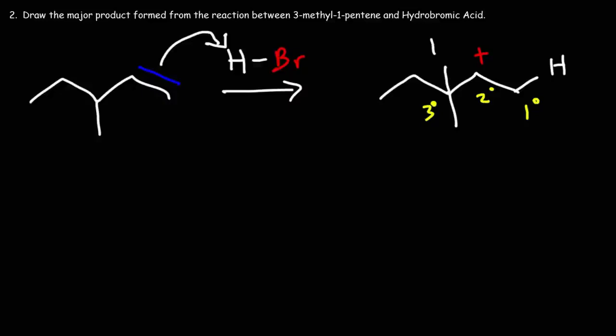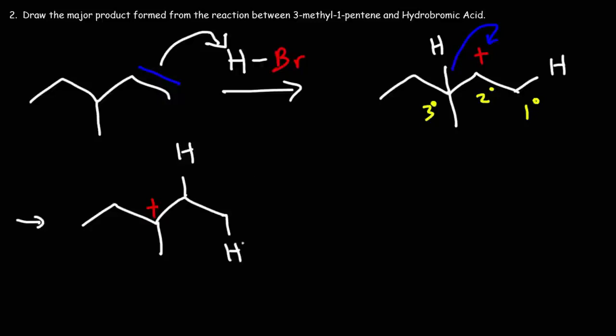The hydrogen on the tertiary carbon is going to shift towards the secondary carbon. As it leaves the tertiary carbon, it's going to leave behind a positive charge. And so now we have a more stable tertiary carbocation intermediate.